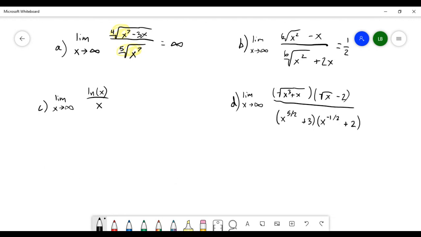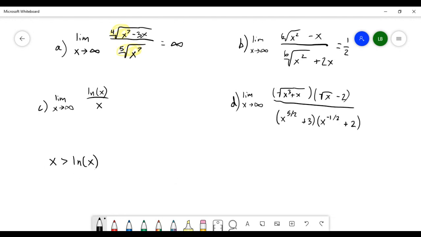Part C is a bit trickier, probably because I don't think you've necessarily learned the pattern of natural log of x, or what we consider it to be. We know that x is always bigger than the natural log of x.